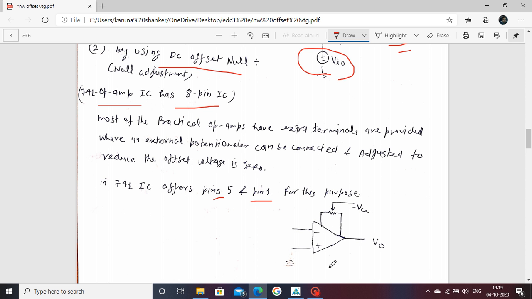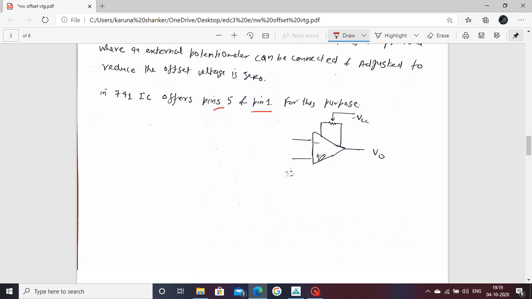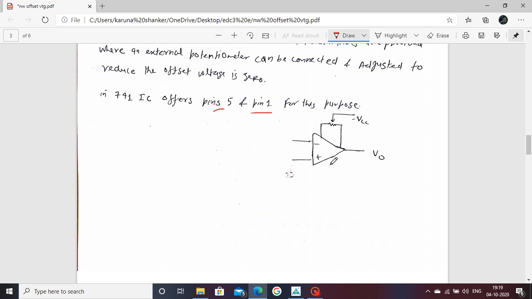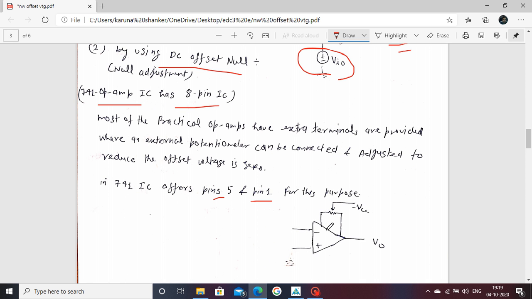This is your op-amp, with its negative and positive terminal. Now for null adjustment using these pins, suppose this is pin number 5 and this is pin number 1. This is your IC, which has 8 pins.